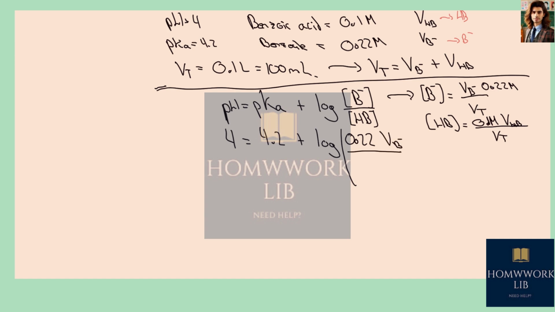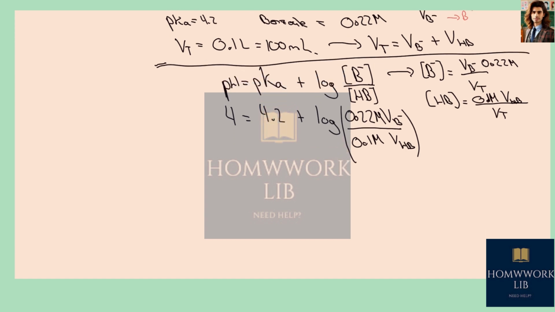Notice that this amount is simply the amount of moles of benzoate that we're going to have, divided by 0.1 molar times the volume of HB. Perfect. So now we can isolate. On the left-hand side, we're going to have 4 minus 4.2, which is minus 0.2, equal to this logarithm.